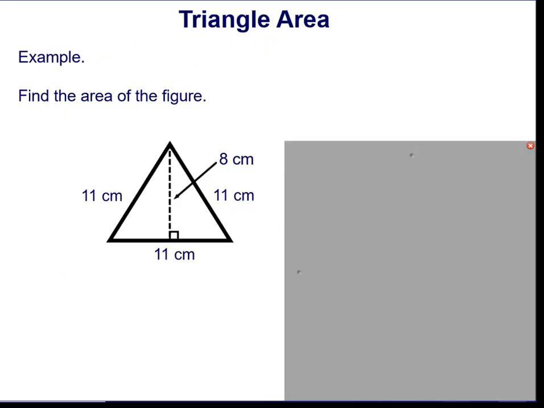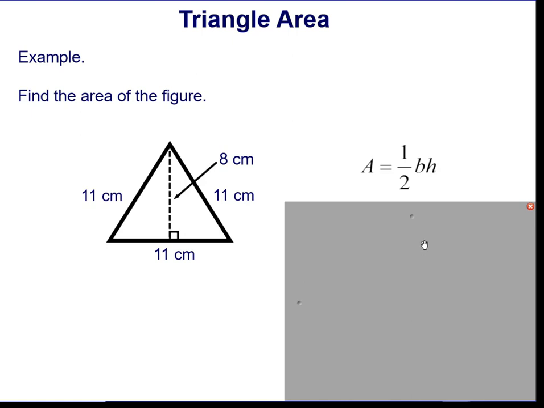Example: find the area of the figure. First, we have a triangle, so we know we are going to use our triangle area formula. Area equals 1/2 times the base times the height. We're going to say that the 11 centimeters is the base because here's the height that I have drawn. And there's a 90-degree angle between the height and the base.